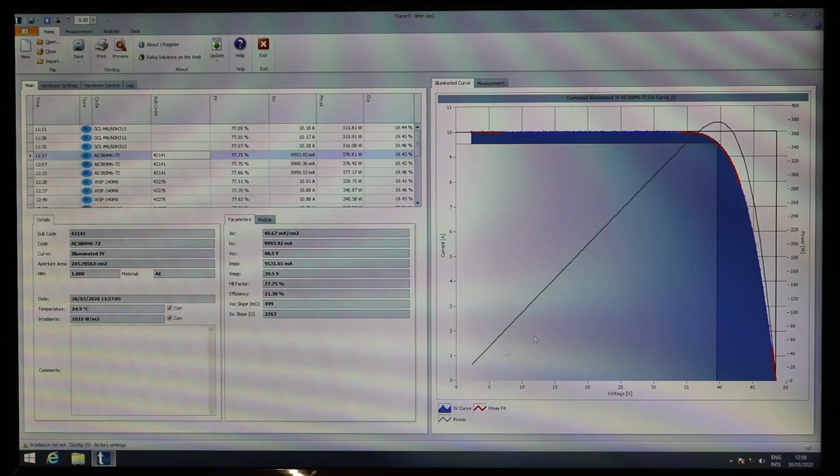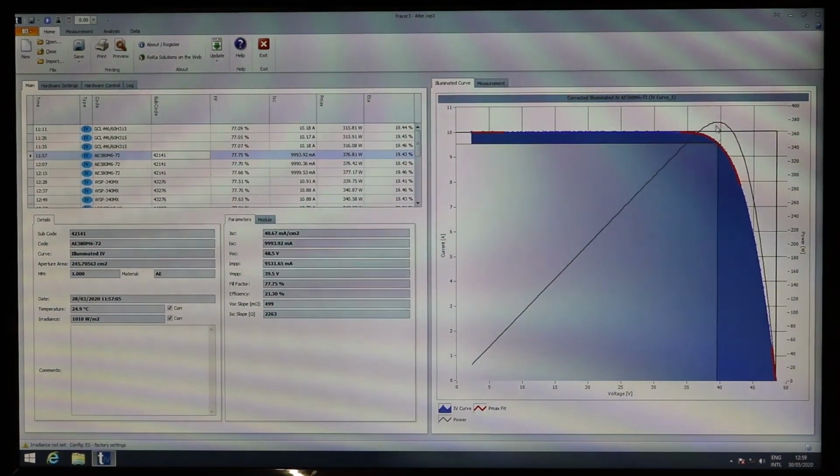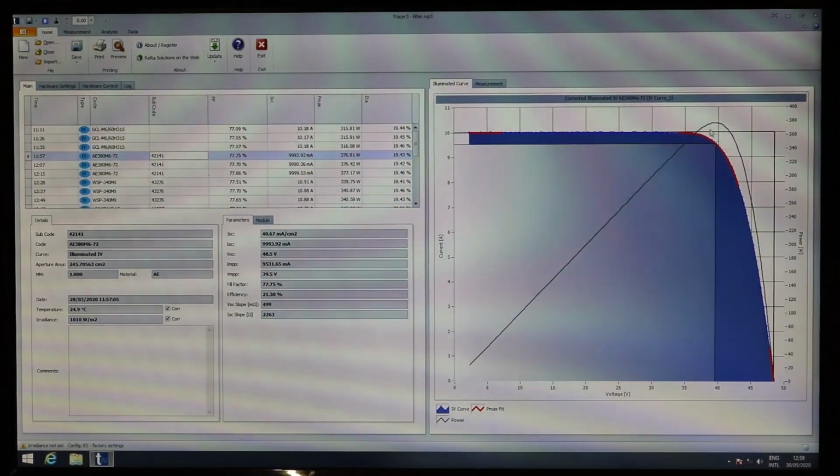As we can see here, because we have the second curve, this gray line, we can see that the optimum is here.